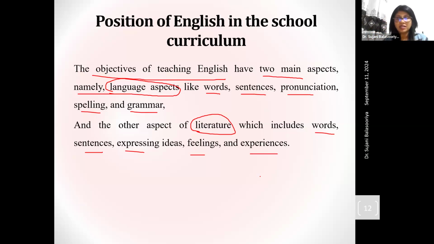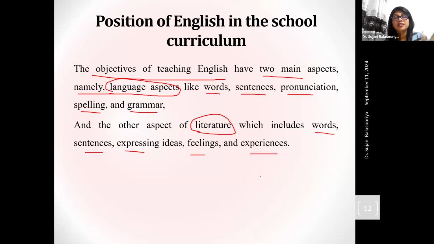Literature here does not mean literary works, like poems, short stories, novels, or literary devices, not that aspect, right? Literature here means the collection of words, sentences, and especially how we use words, sentences or even phrases to express our ideas, feelings, and how to share our experiences. In a way, literary works, yeah, but we focus on this aspect, right?